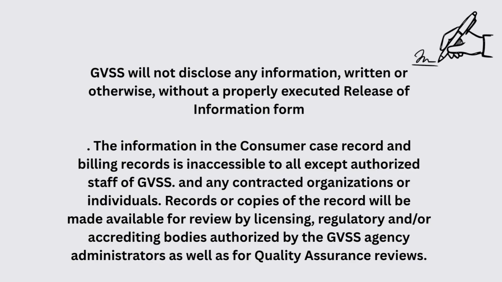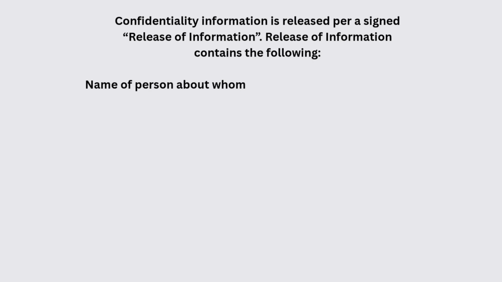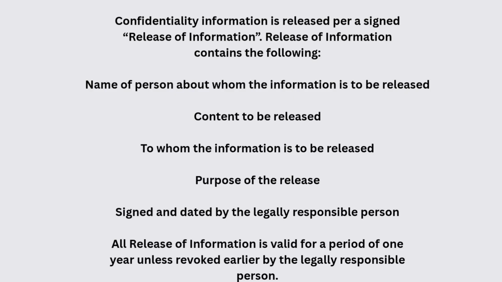To be valid, each release must clearly include the name of the person about whom the information is being released, the specific content to be shared, who the information will be shared with, and the purpose of that release.